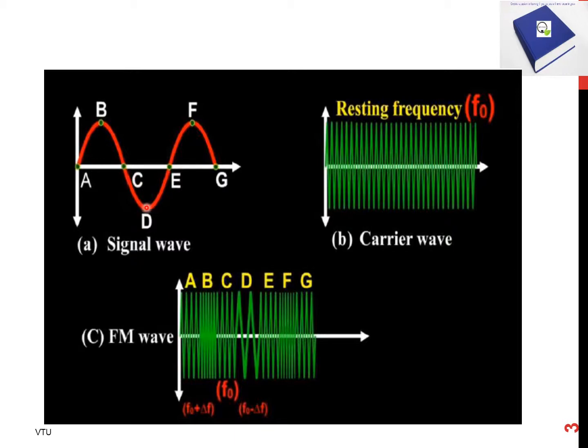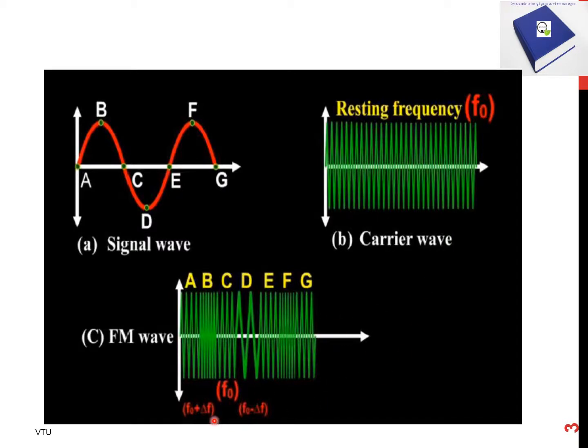As it goes to D, the negative maximum, the frequency becomes low again, so the wave is a little broader. As it goes to E, it again has the same frequency as A and C, and when it reaches F, the frequency is high. In this way we can plot the FM wave.